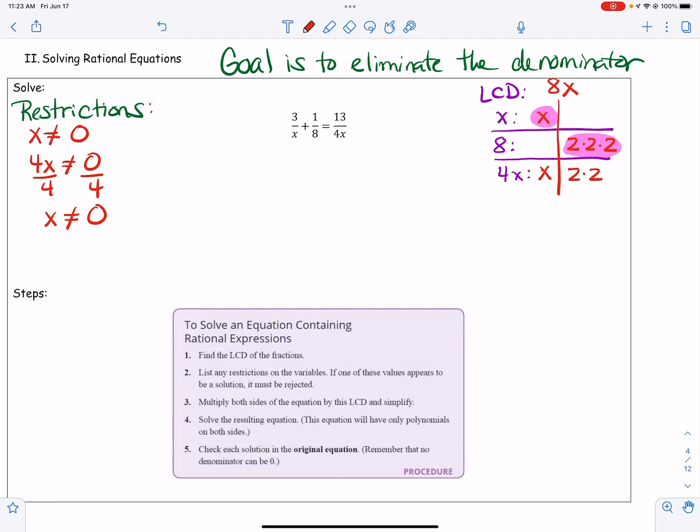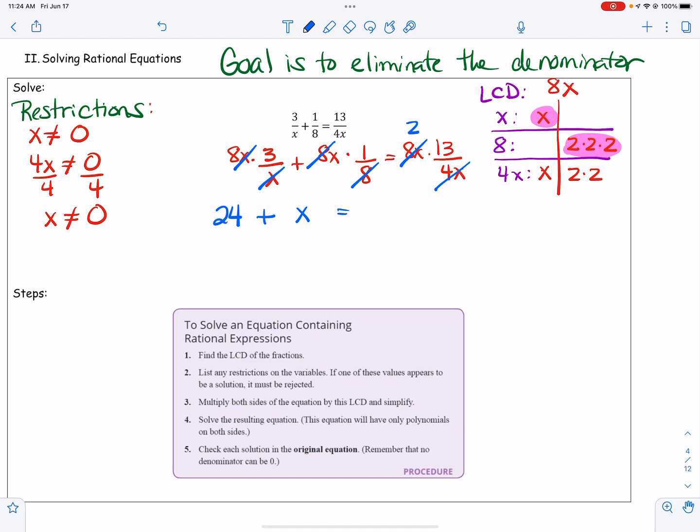I'm actually going to write it out, then I'm going to show you how to do a shortcut. I'm going to take 8x times 3 over x plus 8x times 1 over 8 is equal to 8x times 13 over 4x. Then this x eliminates this x, and now I have 8 times 3, plus this 8 eliminates this 8, and I have x times 1, and 4 goes into 8 and leaves me 2.